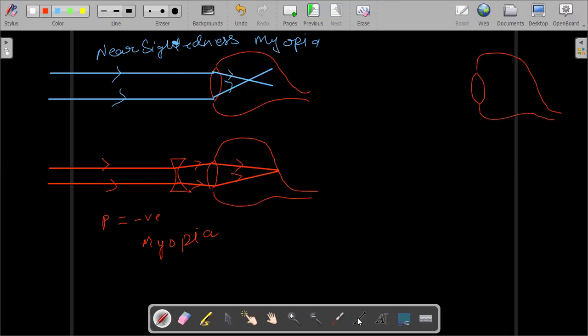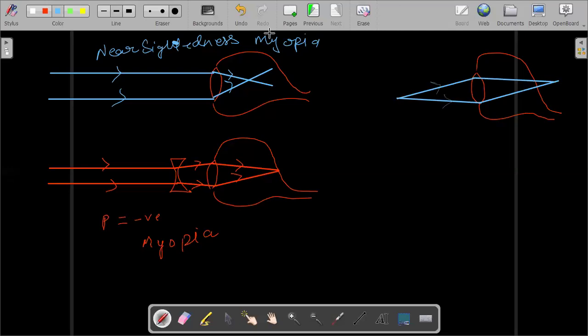So for hypermetropia, the person cannot see nearby objects. He can see far off objects, but the nearby objects are not visible to him. That means if an object is placed at a distance of 25 centimeter, the rays of light are not able to converge on the retina. Rather, the rays of light converge behind the retina.